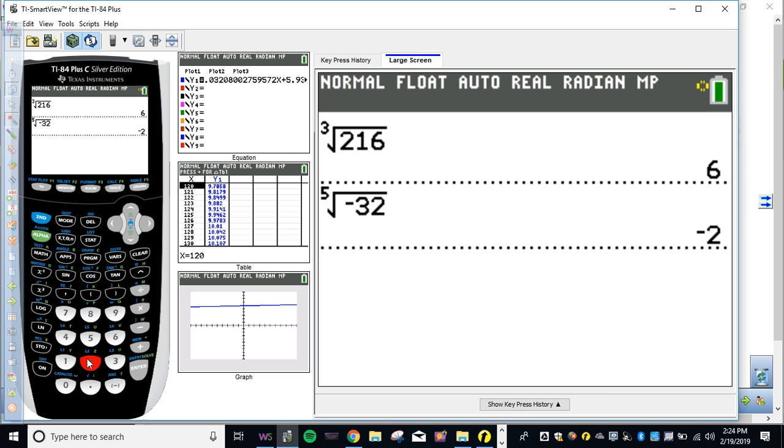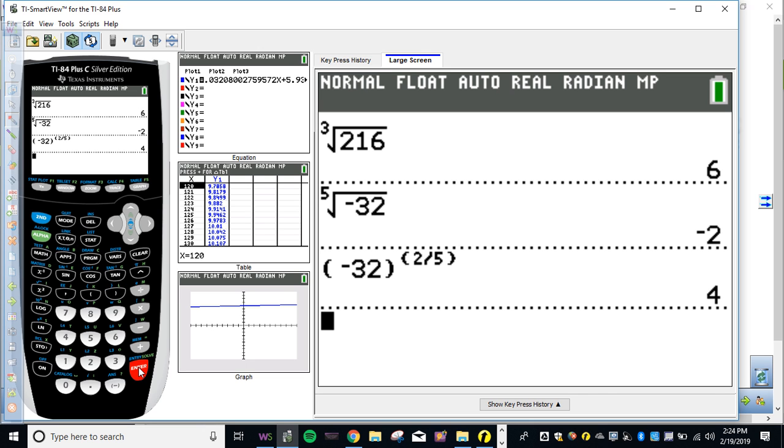So negative 32 to the, and then I'm going to put 2 divided by 5 in parentheses like that. Actually this is going to be negative 4 because I forgot the parentheses, so let me put those in. Parentheses there, and parentheses there.